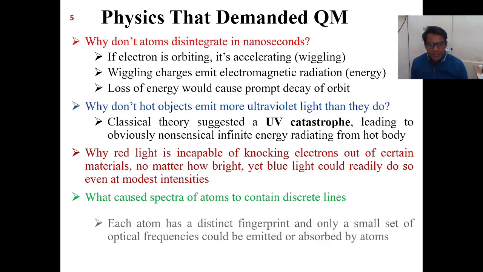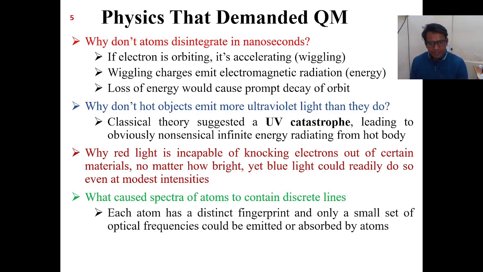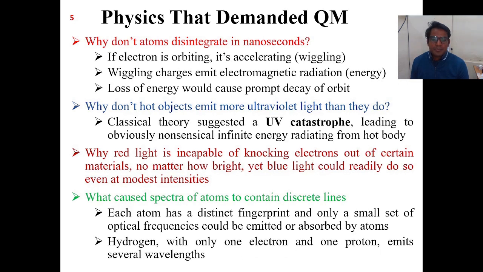This is called the discreteness of spectra, and it is the characteristic nature of every atom. Each atom has a distinct fingerprint, and only a small set of optical frequencies could be emitted or absorbed by that atom. This was also not possible to explain with classical mechanics. Like the hydrogen atom, which has only one electron and one proton, it emits several wavelengths. The science community was very surprised about how to explain the physics behind the cause of these phenomena.